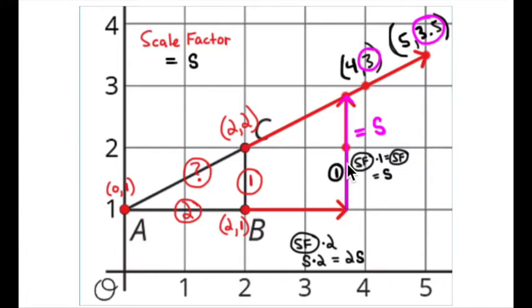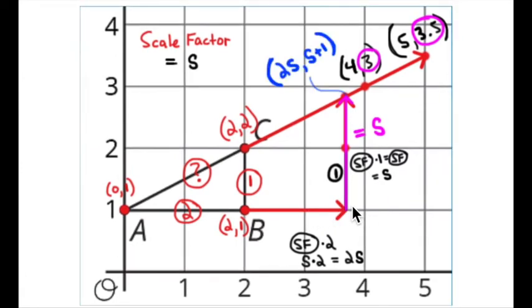So you go up 1 unit, you would be at this point, and then you would just increase by the scale factor to get to this line. So this distance is equal to the scale factor. We don't know what it is yet. It's actually less than 2, greater than 1. Scale factor 1.5 would get you to 3, so it's somewhere between 1.5 and 2.